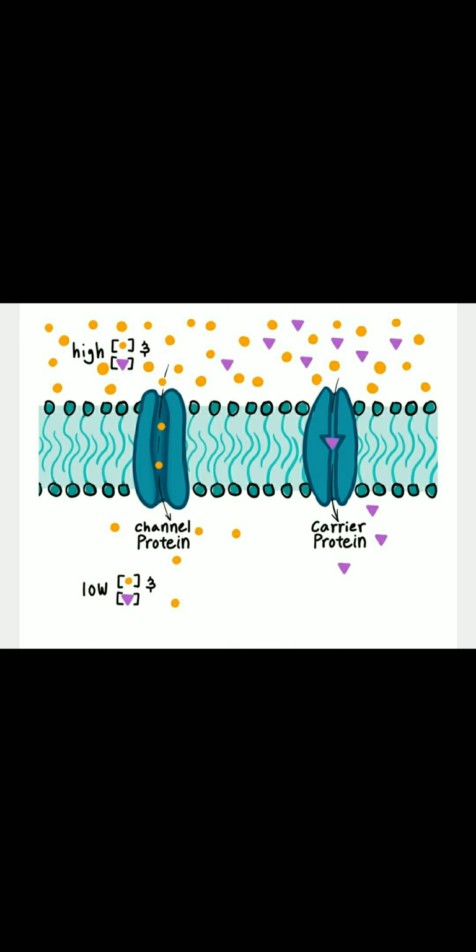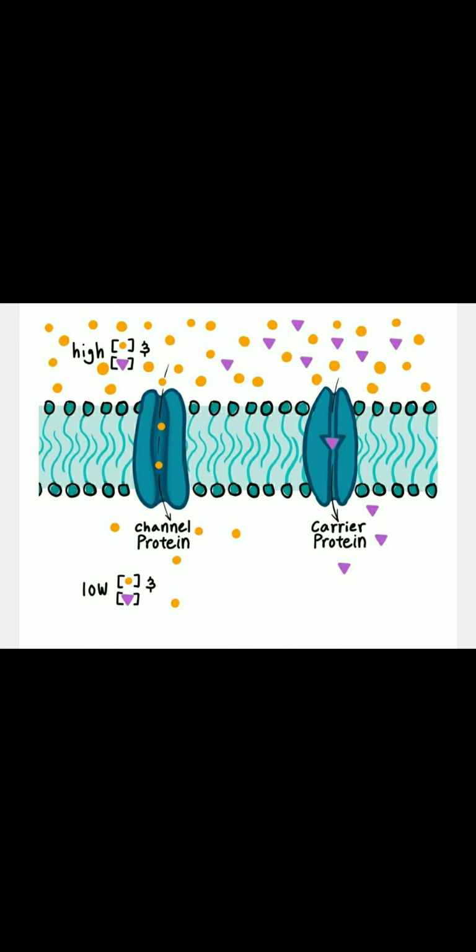From the higher concentration region, that means from outside the cell, the molecules enter the lower concentration region with the help of this channel protein or carrier protein. In this diagram you can easily see that the carrier protein or the channel protein creates a route, a road, for these molecules to pass from the higher concentration region to the lower concentration region.